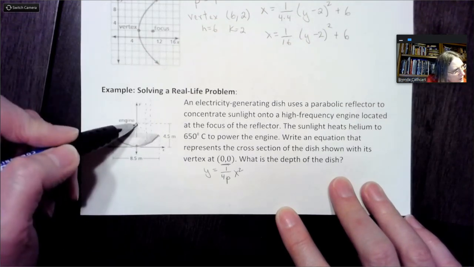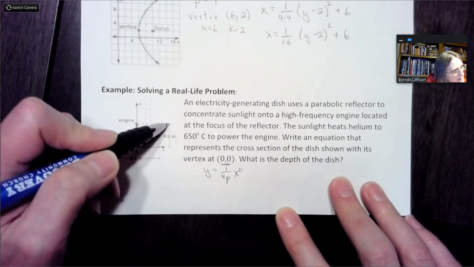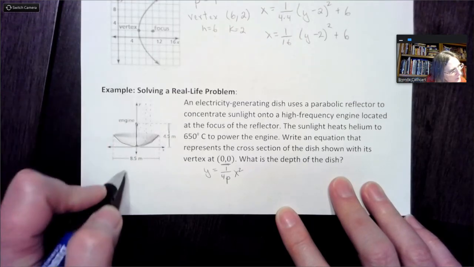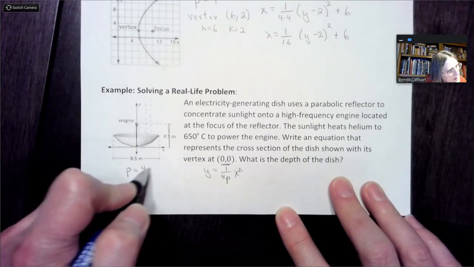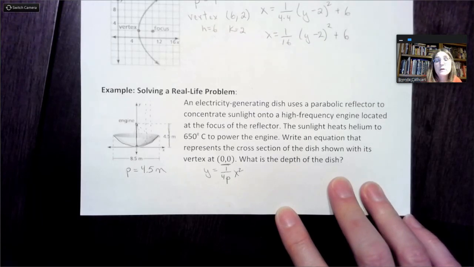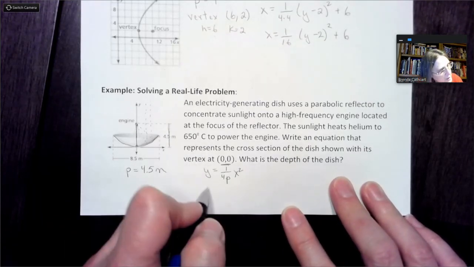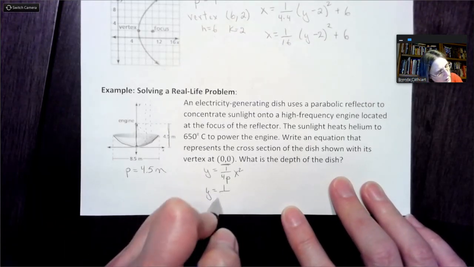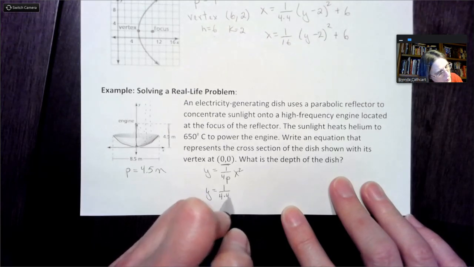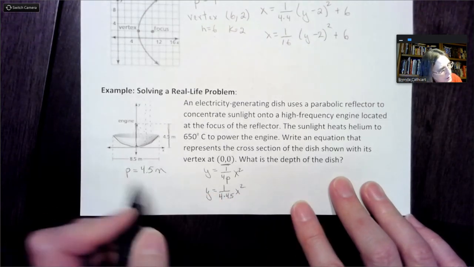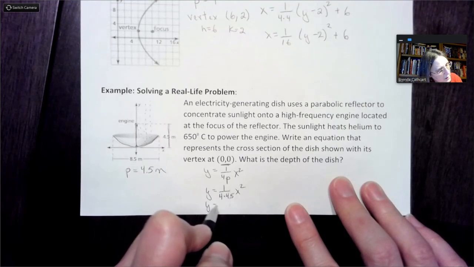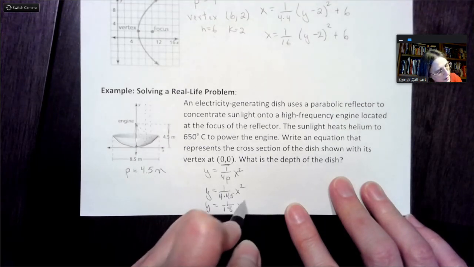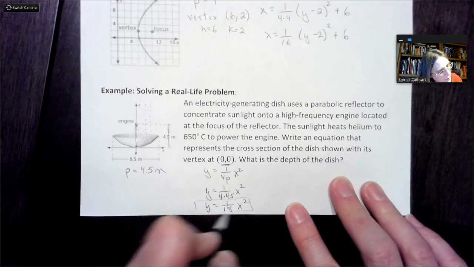So from our diagram, we see that this distance is 4.5 meters. So p is equal to 4.5 meters. So our equation is y equals 1 over 4 times 4.5 x squared, or y equals 1 over 18 x squared. So that's part 1.